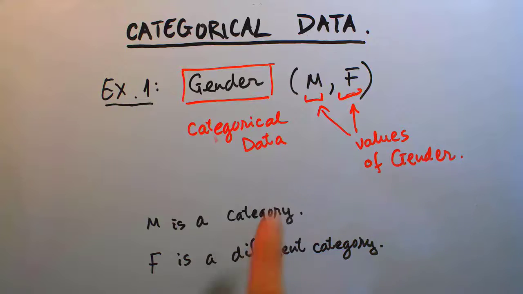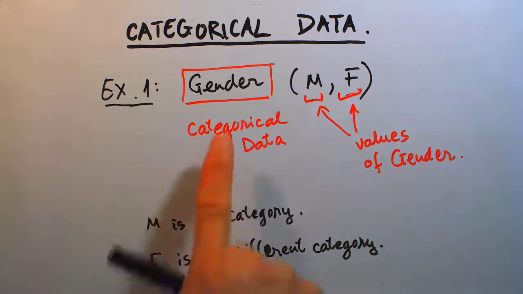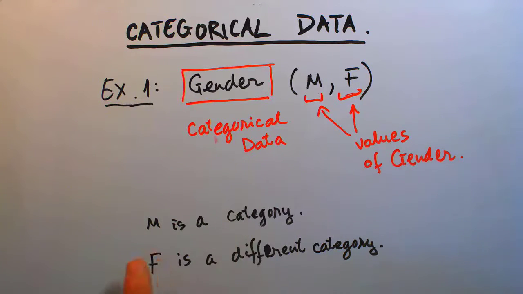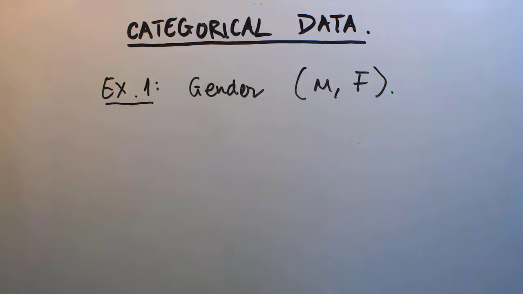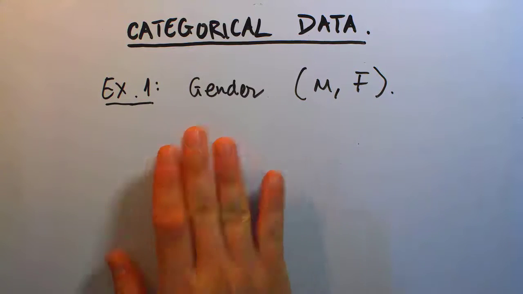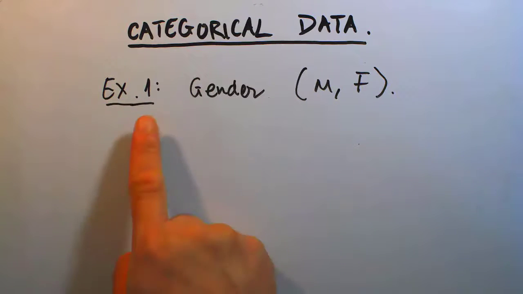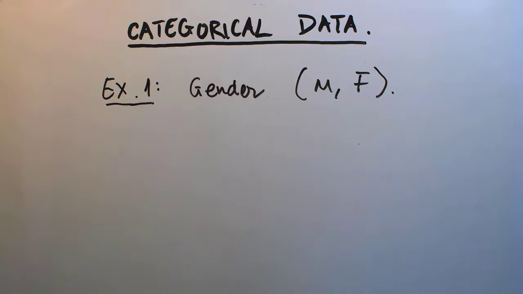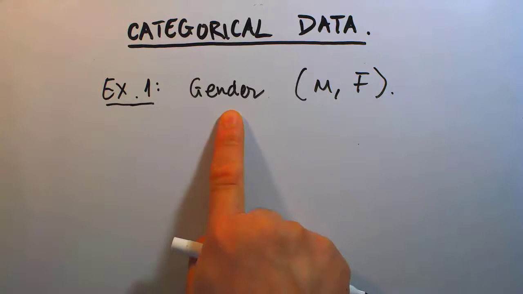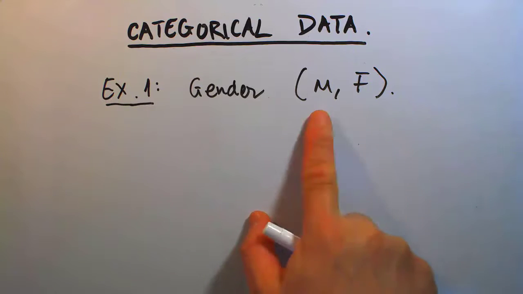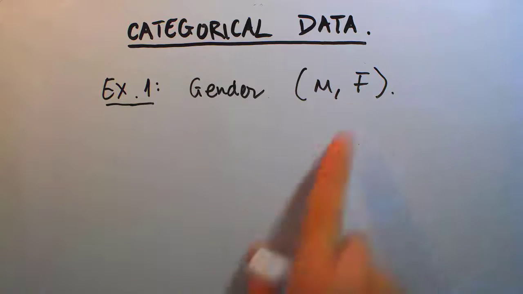So in this quick little example, gender being the categorical data, each of male and female is a category. And to continue, we are still in example one. We already understood that gender is our categorical data, and these are two different values, being the two different categories in this data.